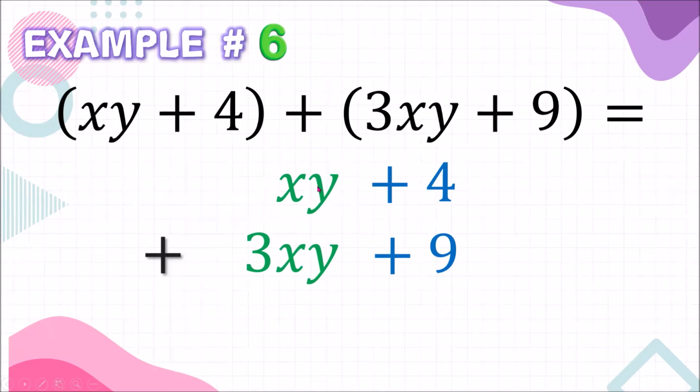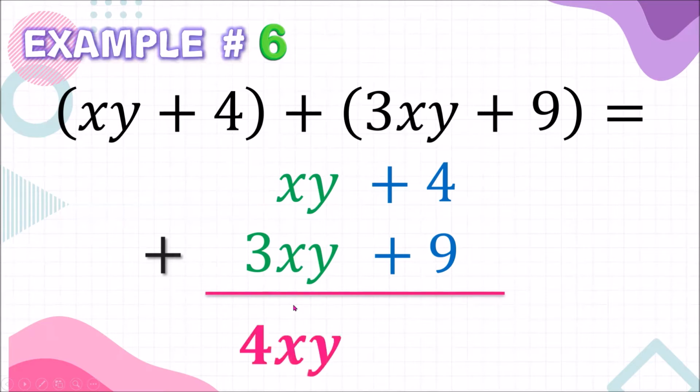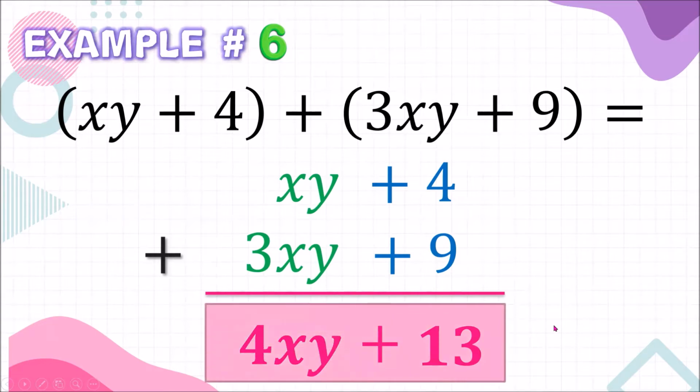Take note, class, that if you have a variable xy or a or b, the numerical coefficient of it is 1. So we have here an invisible 1. So 1 plus 3 is equal to 4. And then just copy xy, 4xy. Next, 4 plus 9 we have 13, positive 13. So our final answer, 4xy plus 13.